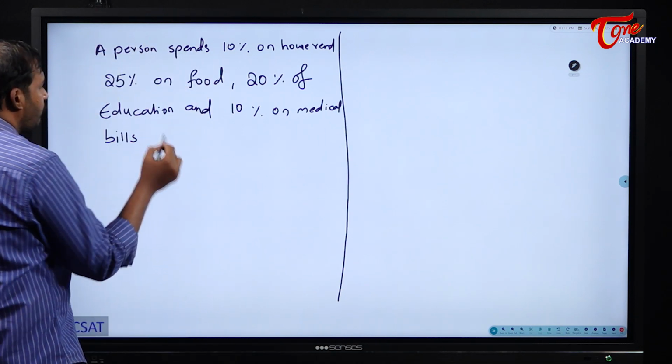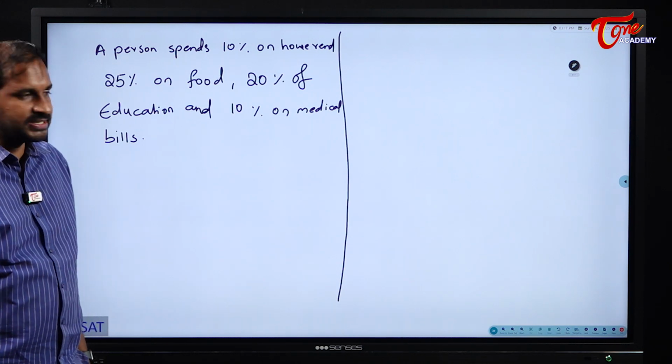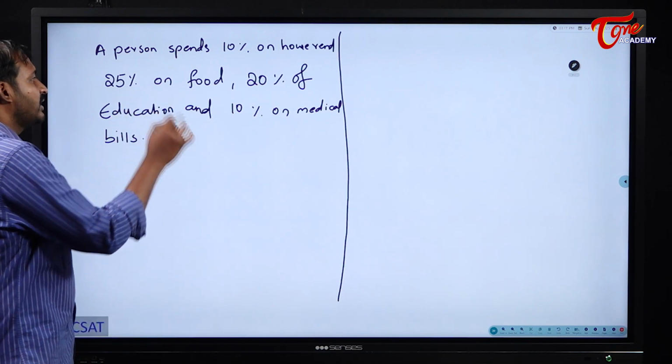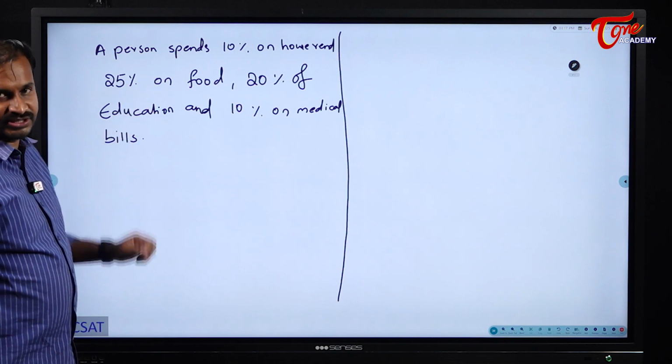Now what is his overall savings? This is the question. Now see here, students, he is spending 10% on house rent, 25% on food, 20% on education and 10%. This is a direct question.